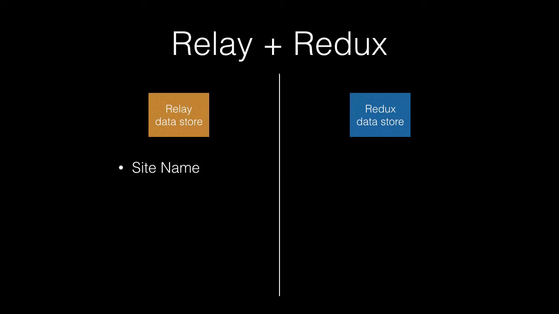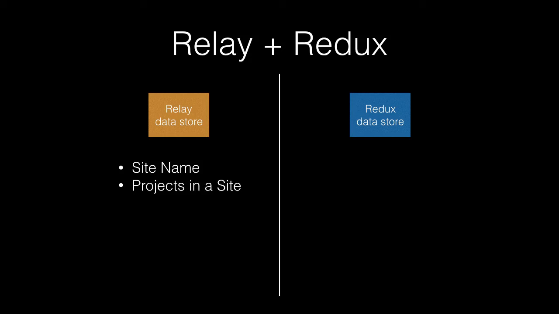For example, the site name. We're doing a site, and the name is something that you fetch from the server, and therefore it lives in the Relay data store. If you want to change it, maybe it's just a trick of clicking it, turning the component into an input field, and then hit enter, fire the mutation, and you're done. So it could just live in the Relay data store. Redux doesn't need to know about the existence of the site name, maybe.